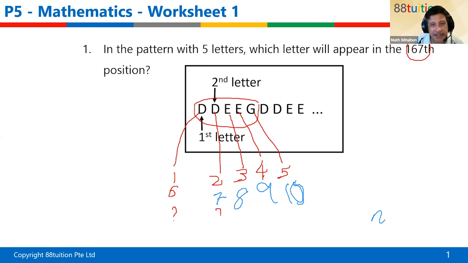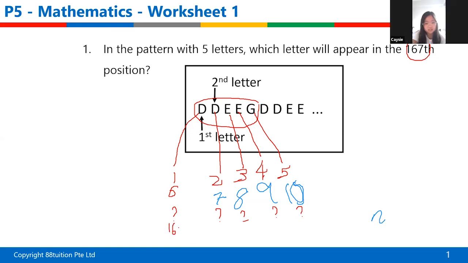Is it here? Is it here? Or is it here? Where will you see 167? Not right, not right. Okay, in that case, you have to practice already.